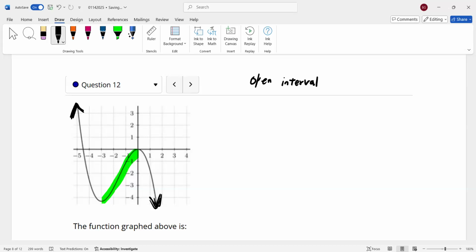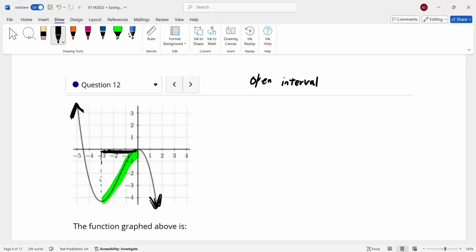So we are looking at the corresponding x values, okay? From here to here on the x-axis, the domain is on the x-axis. So the open interval in which the function increases is from -3 to 0. Do you agree, guys? From -3 to 0.